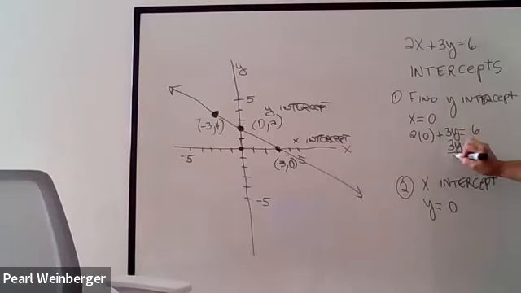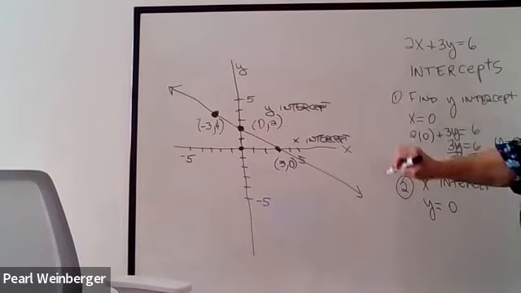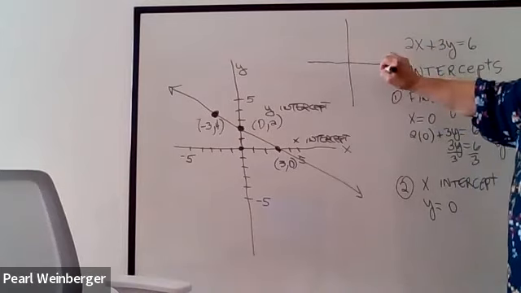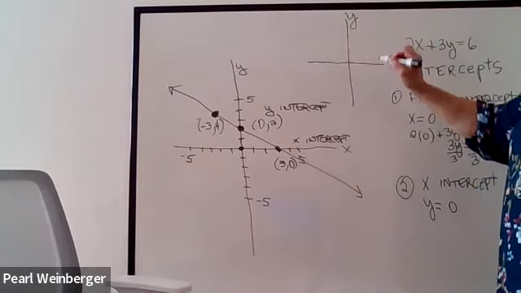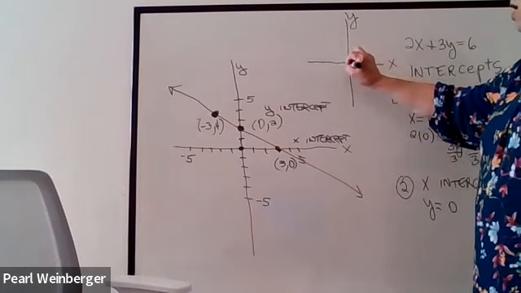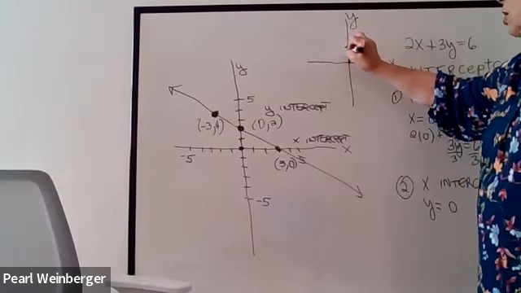And if I divide both sides by 3, I get y equals 2. The y-intercept is 2. I'm redrawing it over here. To say that the y-intercept is 2 is telling us on the y-axis, you're going up 2.